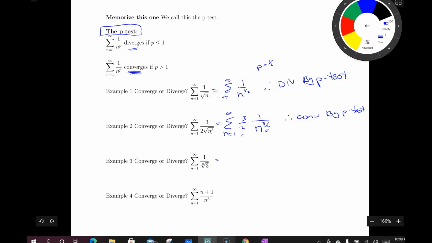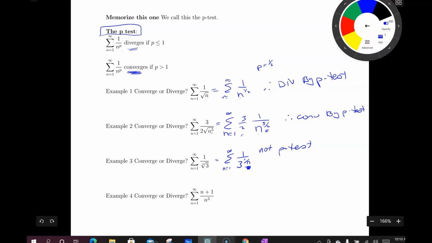All right, so let's look at this one. So this gives us 1 over 3 to the 1 over n power. We just did this a minute ago, right? Okay, n equal 1 to infinity. This is not n to the p, is it? This is not p-test. So be careful that you do not use p-test on this. It has to be exactly n to a p power, right?